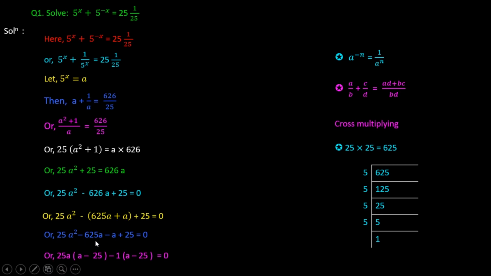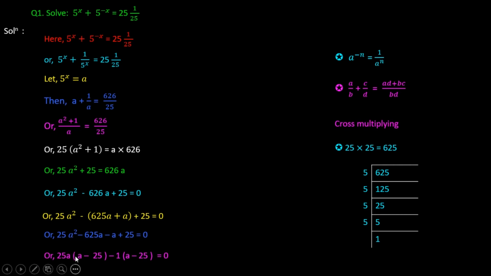Now you have to take common from the first two terms, and take common from these two terms, minus a and plus 25. Let's start from the first two terms. 625 means 25 times 25, so we can take out 25, and here is a square, here is a, so we can take a common.